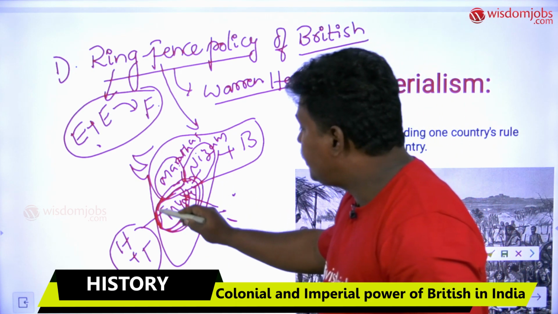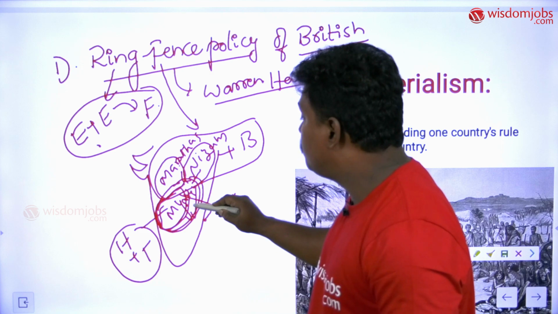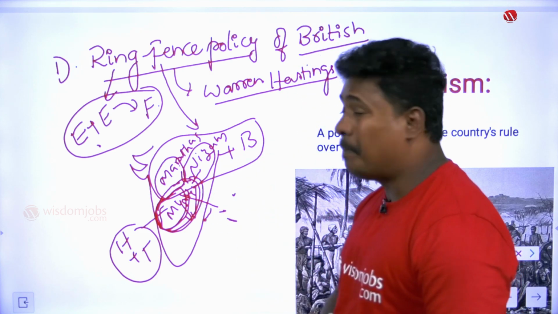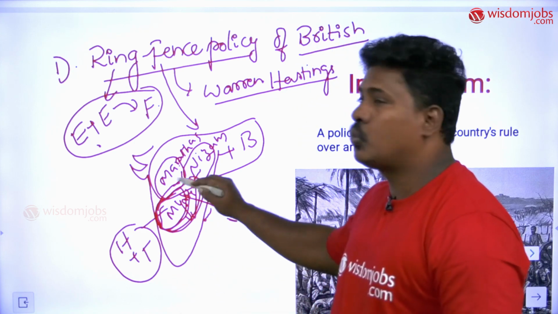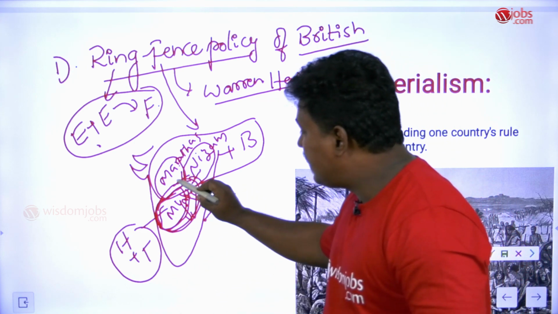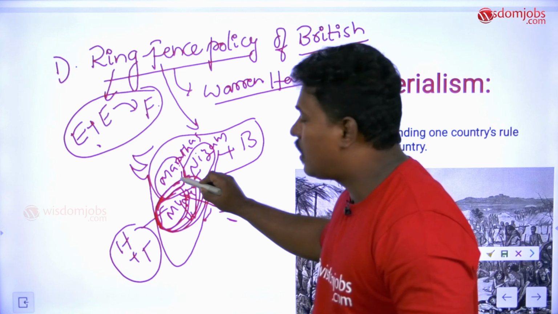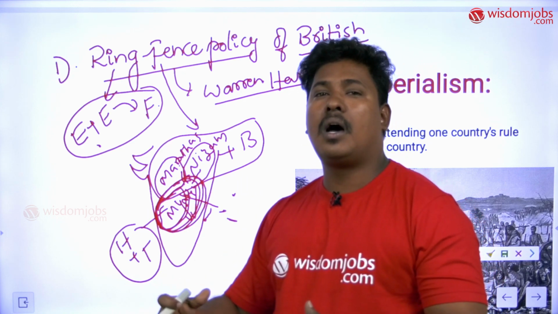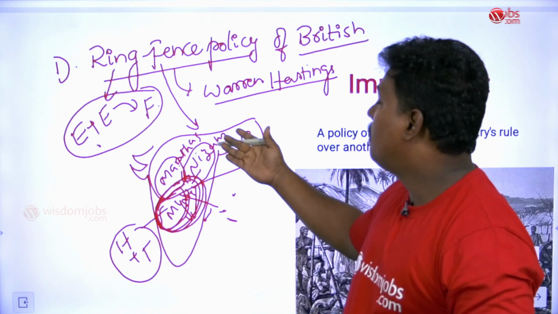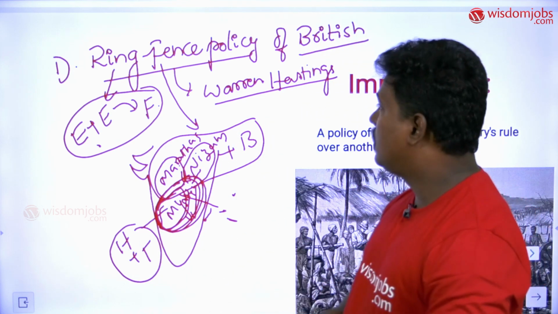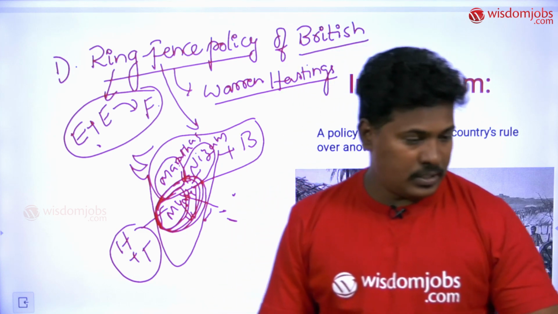So the borders of Mysore state were besieged by British forces, Maratha forces and Nizam forces to conquer, right? And these borders of Mysore state were strongly fenced by the British with the help of Marathas and Nizams, right? And this is called the ring fence policy.